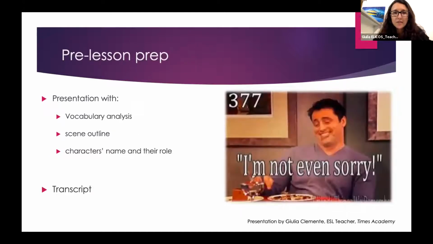So before class, I would prepare a presentation with vocabulary analysis if there was the need to clarify some terms before the listening activity, sometimes also with pictures to suit different learning styles. Then an outline of the scene, the characters' names, and their roles.